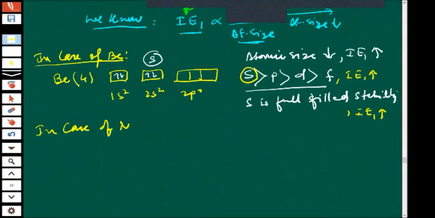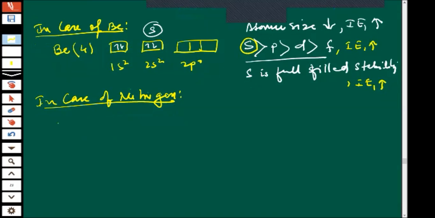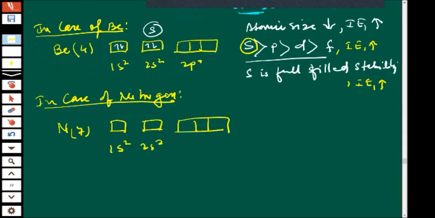In case of nitrogen, children, again we have to write the electronic configuration, and this is the electronic configuration of nitrogen. Okay, 1s2, 2s2, and 2p3.